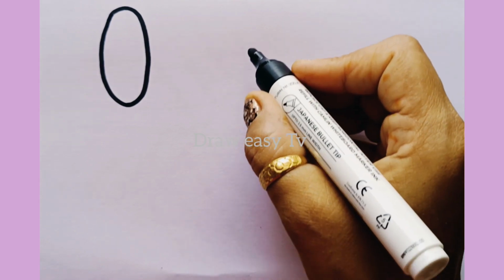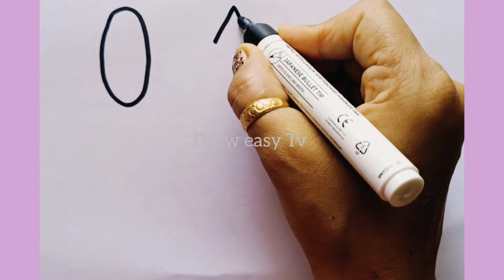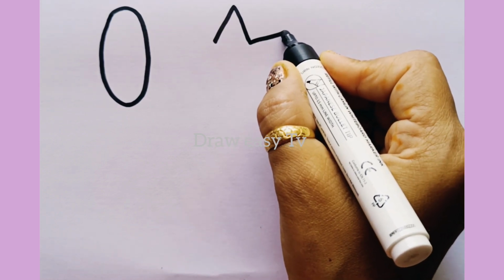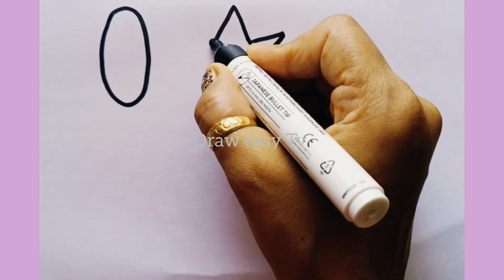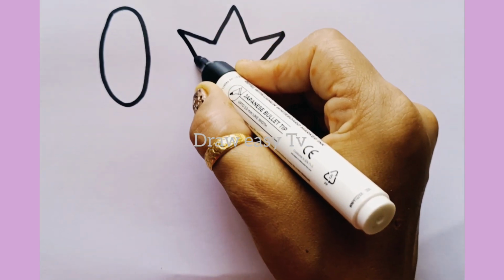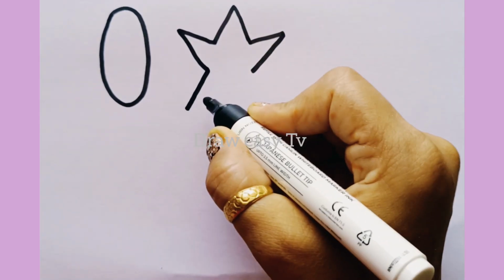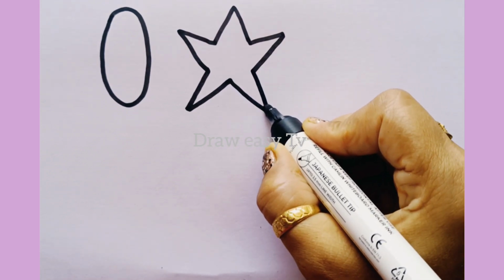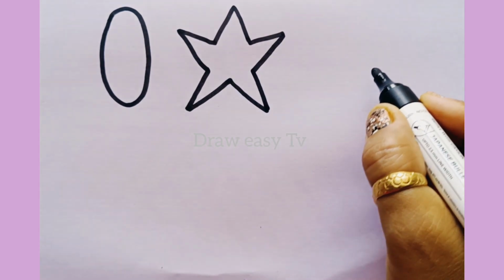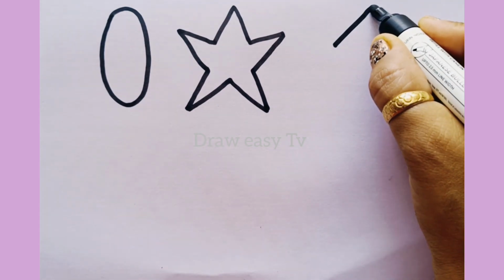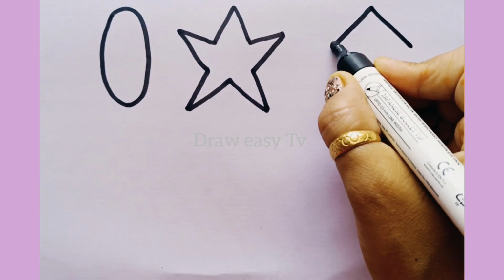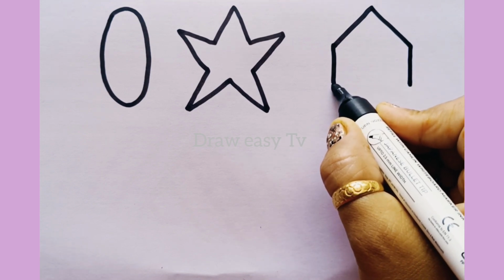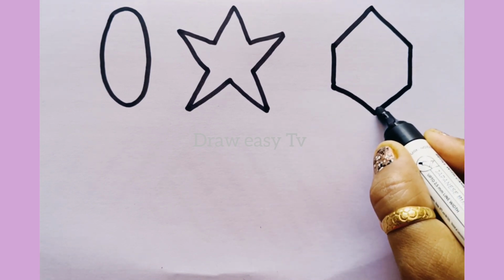This is the oval shape. This is the star. This is hexagon.